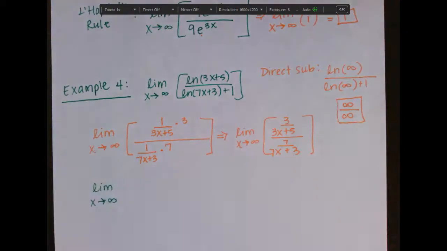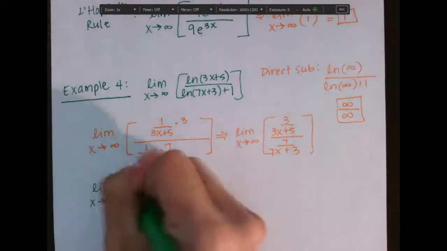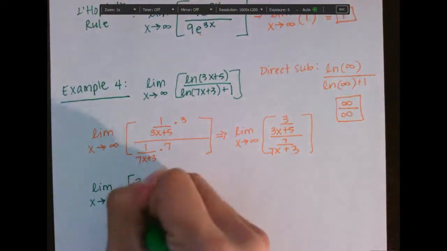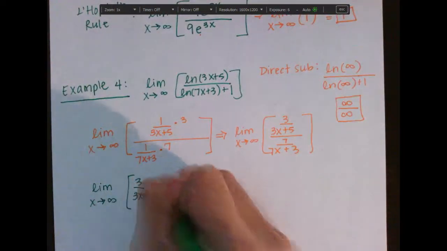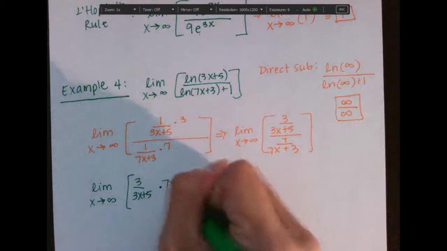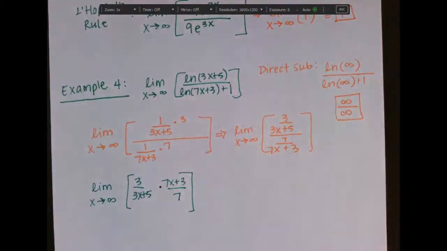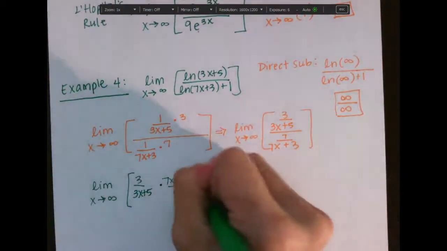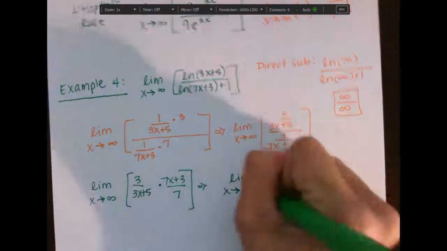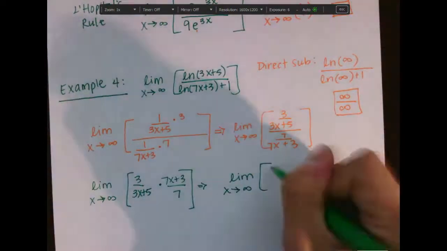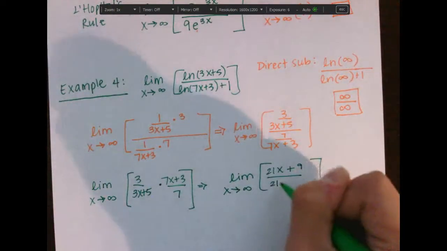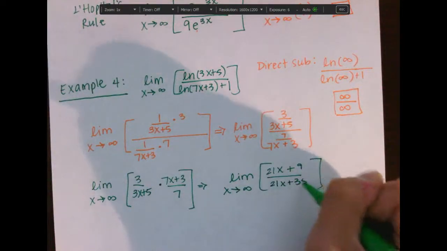So we'll take the first fraction, 3 over 3x plus 5, and we'll multiply it by the reciprocal of the bottom fraction, 7x plus 3 over 7. And if we multiply those two fractions together, we'll have 21x plus 9 over 21x plus 35.